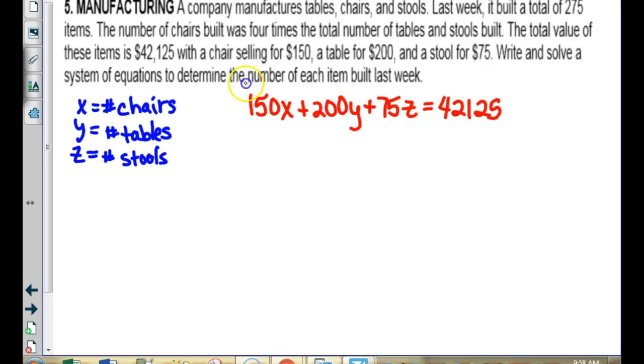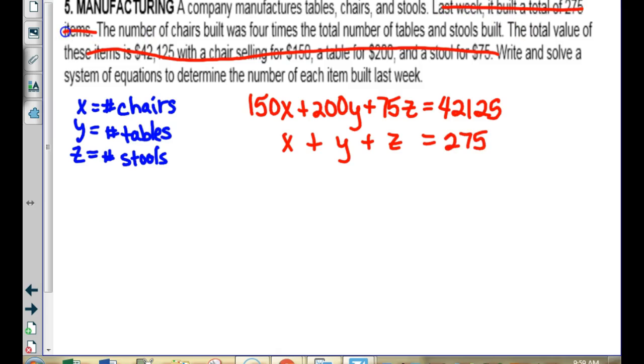Okay, so Tristan found the money. He said they each sell for $150, $200, $75, and we totaled this much. Okay, we got rid of all that. What else do we know? X, Y. 275 items. Okay, that was the first sentence. Good job. Okay, the number of chairs built was 4 times the number of stools and tables.